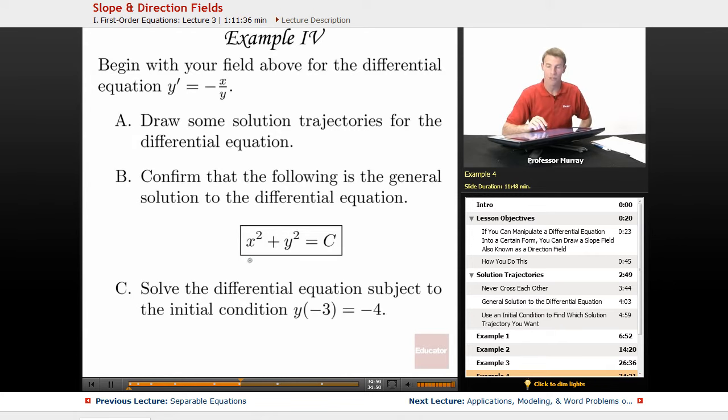So the solution is x squared plus y squared is equal to a constant. And then we'll solve the differential equation subject to the initial condition y of -3 is equal to -4. So let's keep all this in mind. On the next slide, I have a computer-generated direction field for this differential equation, but it shouldn't be anything mysterious because it's something that we already started working out by hand in the previous example. So let's jump over and take a look at that.